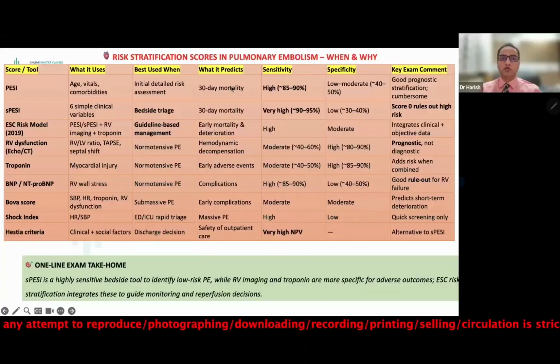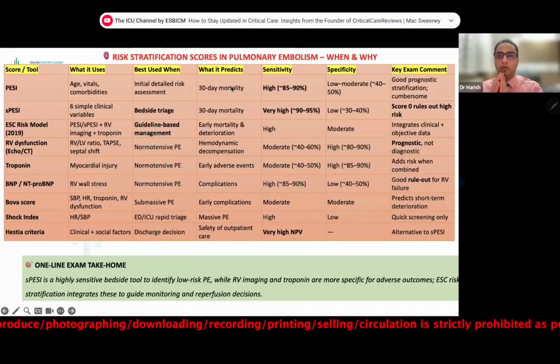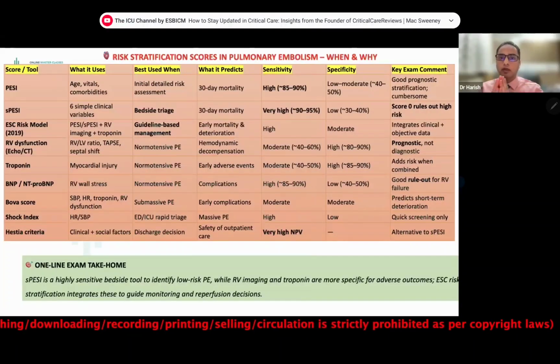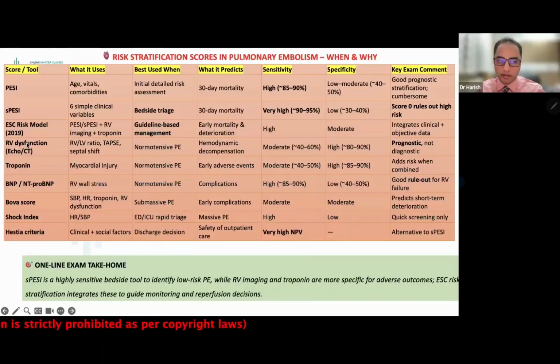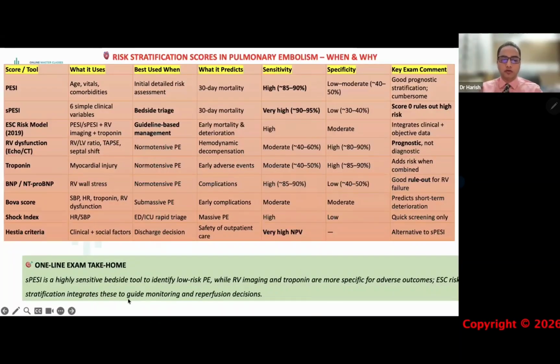Again, this table shows the risk stratification scores in pulmonary embolism and when to use them, with their sensitivity and specificity, including PESI and sPESI, once we stabilize the patient. sPESI is a highly sensitive bedside tool to identify low-risk pulmonary embolism, while RV imaging and troponin are more specific for adverse outcome. The European Society of Cardiology risk stratification integrates these to guide monitoring and reperfusion decisions.